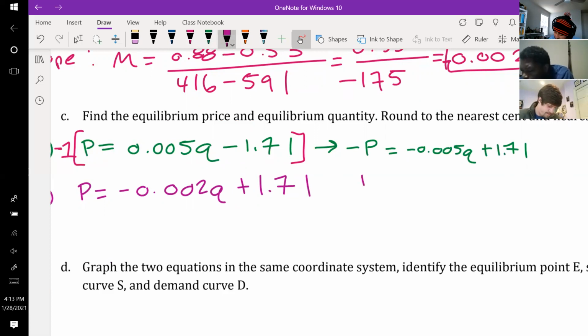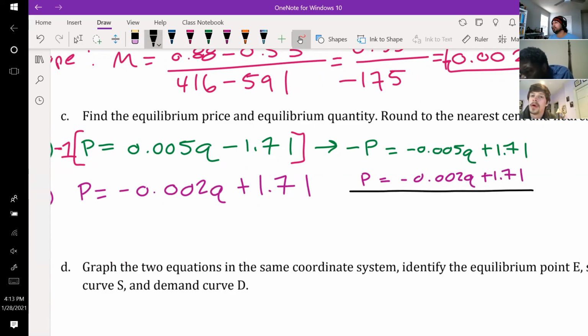And below it is going to be P equal to negative 0.002 Q plus 1.71. So all I did was take the first equation, multiply it by negative 1, because now if I add these together, what variable is going to cancel? If I add these p's together, are they gone? Mm-hmm. Right? So these p's will cancel.